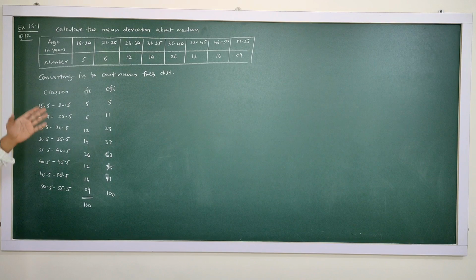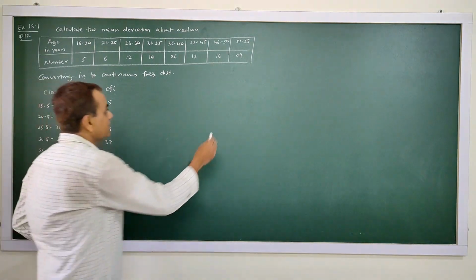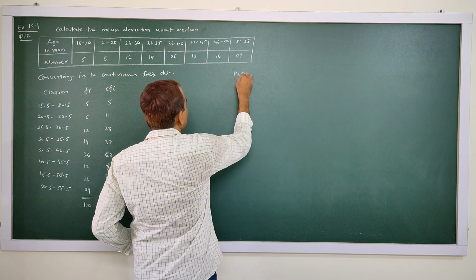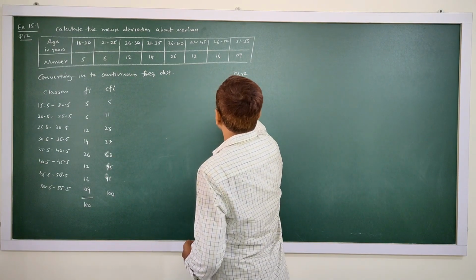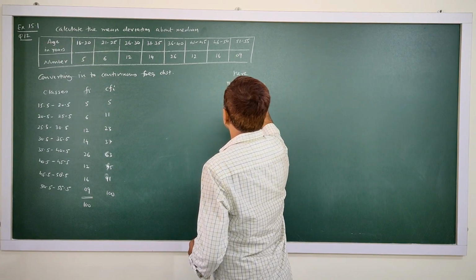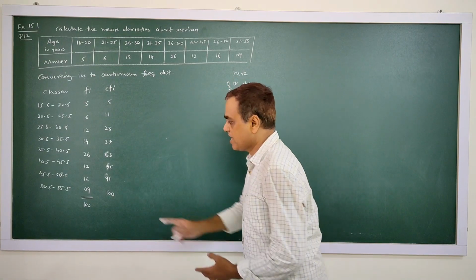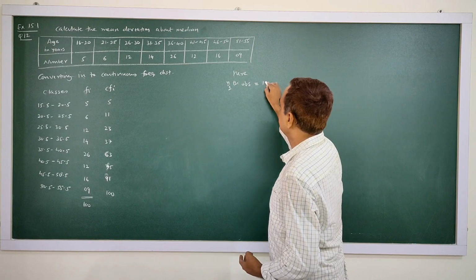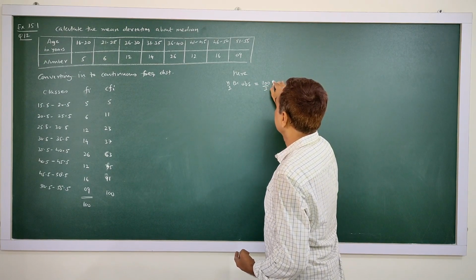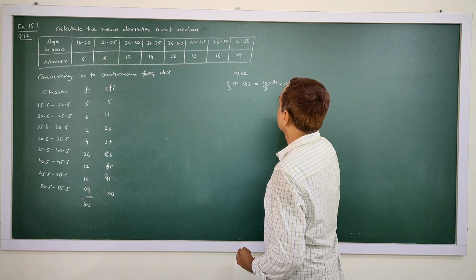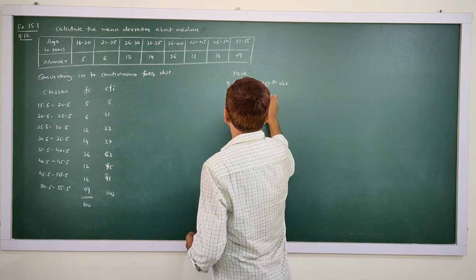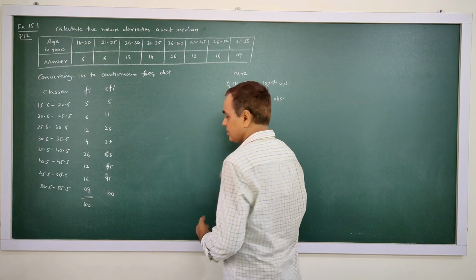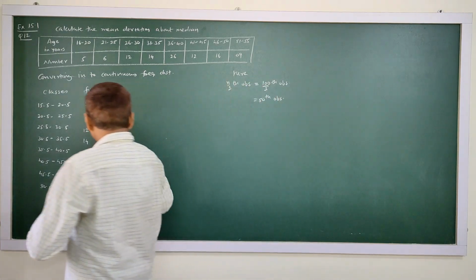Now from the cumulative frequency, we find the median class. See here, the n by 2th observation. n is 100, so 100 by 2th observation is equal to the 50th observation.